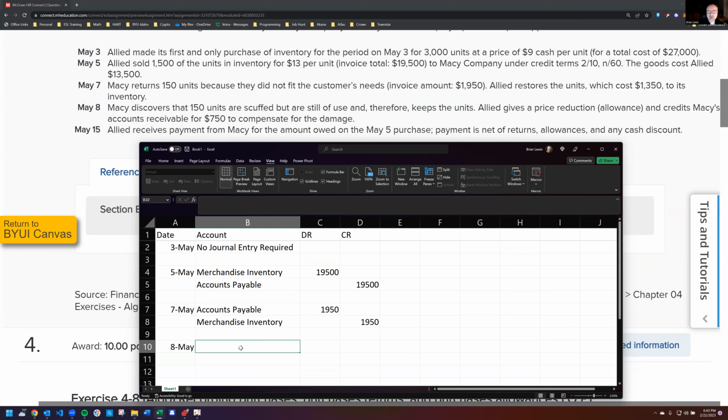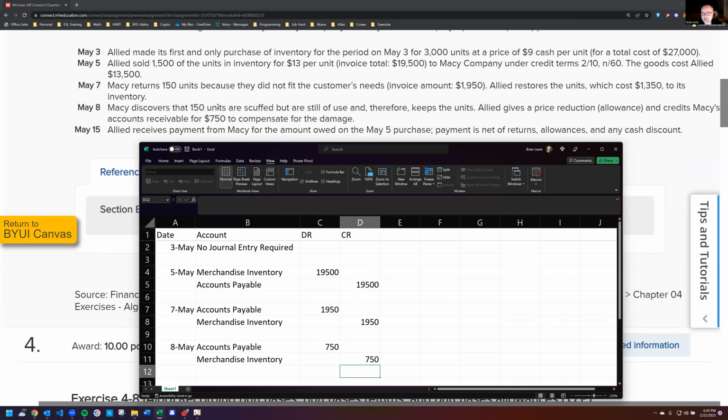So this is still on the Macy side. So we should still see the same type of entry here, right? So we can just copy this down here. And what would that be? So it's 750. So reduction in accounts payable by 750 and a reduction in merchandise inventory for 750. Okay. That's that one.